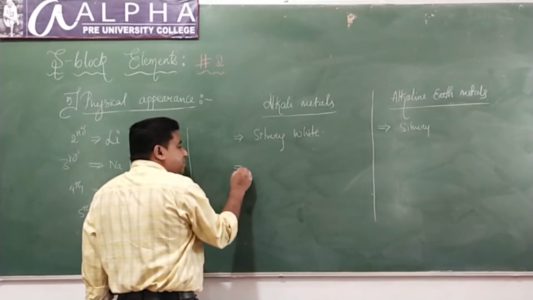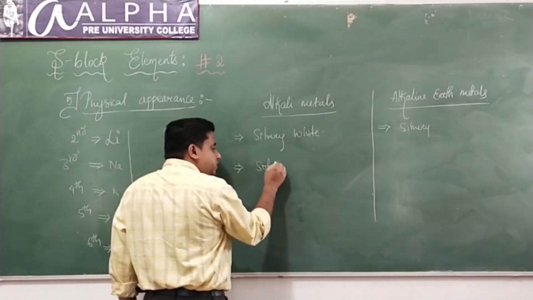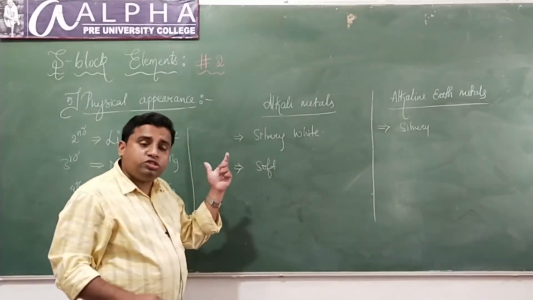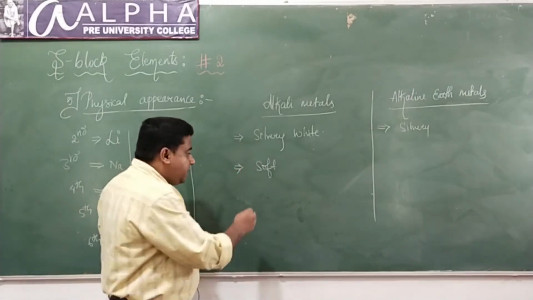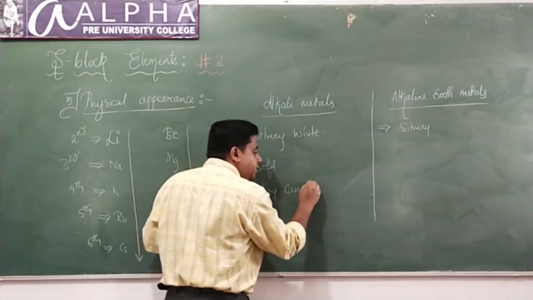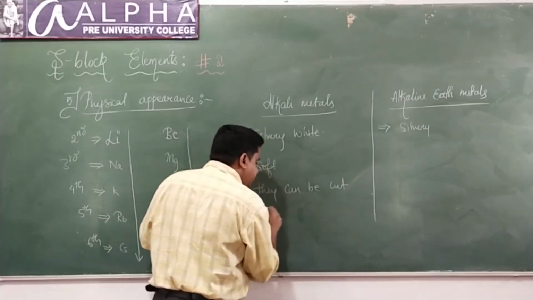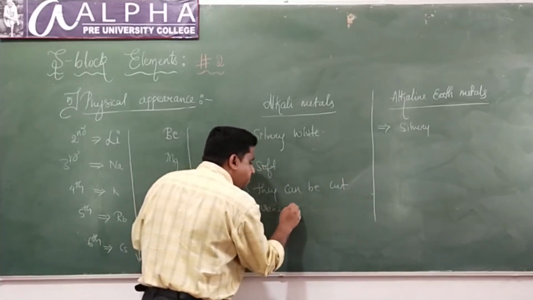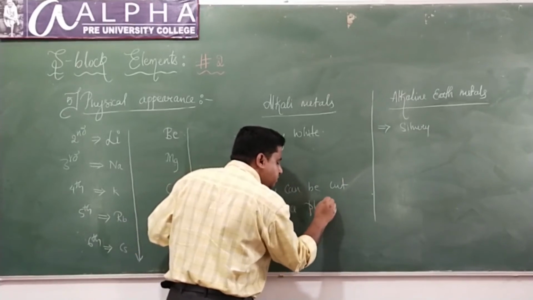Alkali metals are so soft that they can be cut using a plastic knife itself.